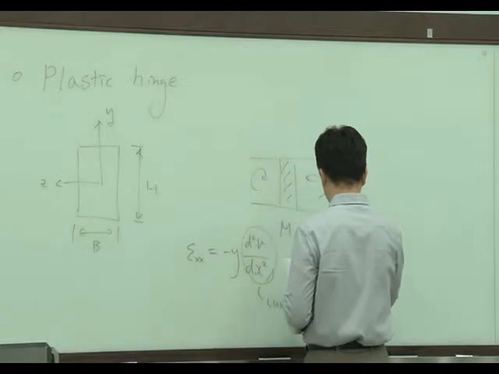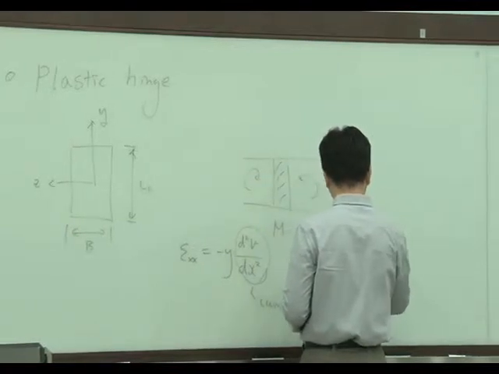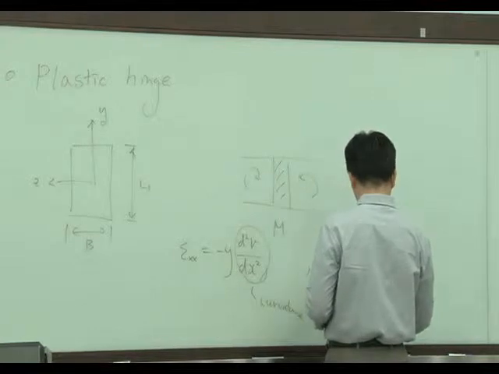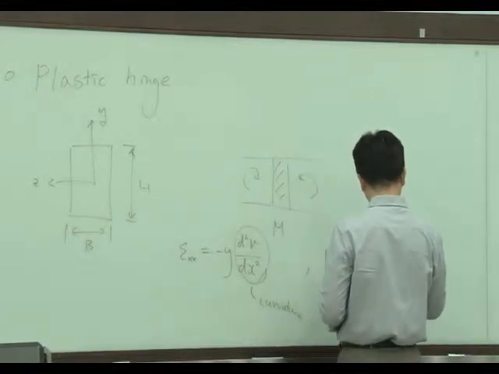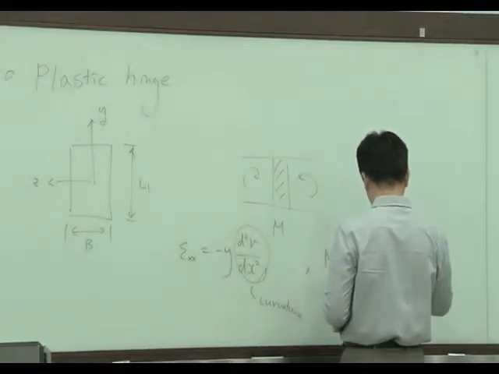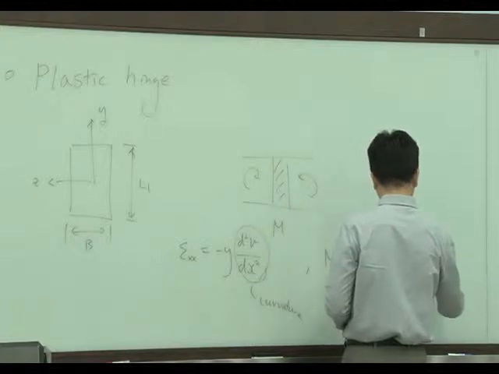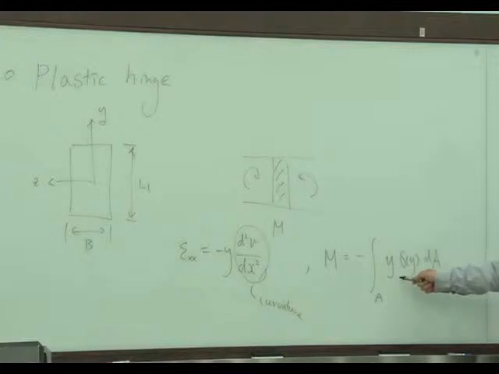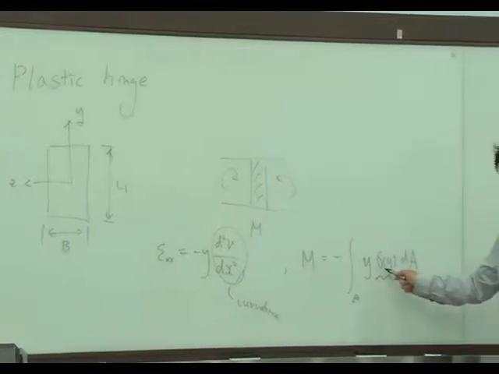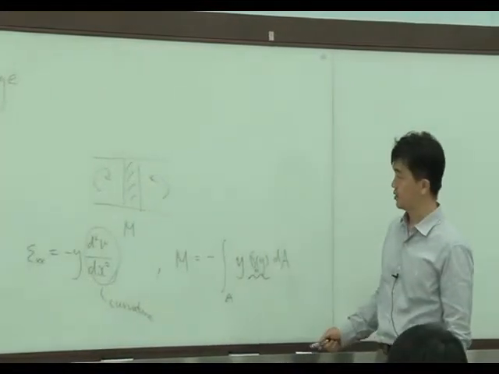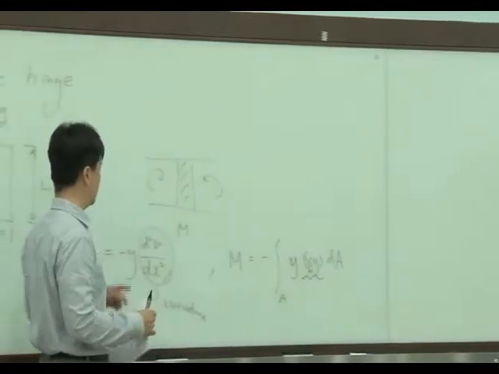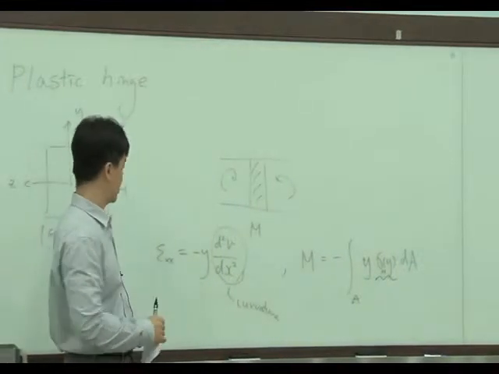And the bending moment can be calculated from the stress distribution times y dA, right? And this stress xx, okay, if you multiply Young's modulus here, you can calculate stress xx.